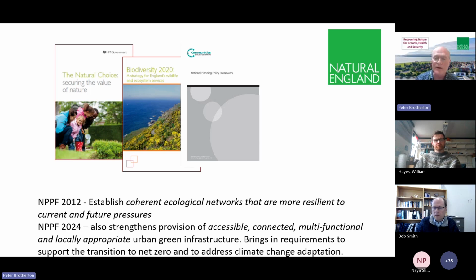And that locally appropriate, I think, also needs to extend into rural areas. NPPF also brings centre stage the importance of the planning system in supporting the transition to net zero and to address climate change adaptation through measures that tackle flood risk, heating, and so on.